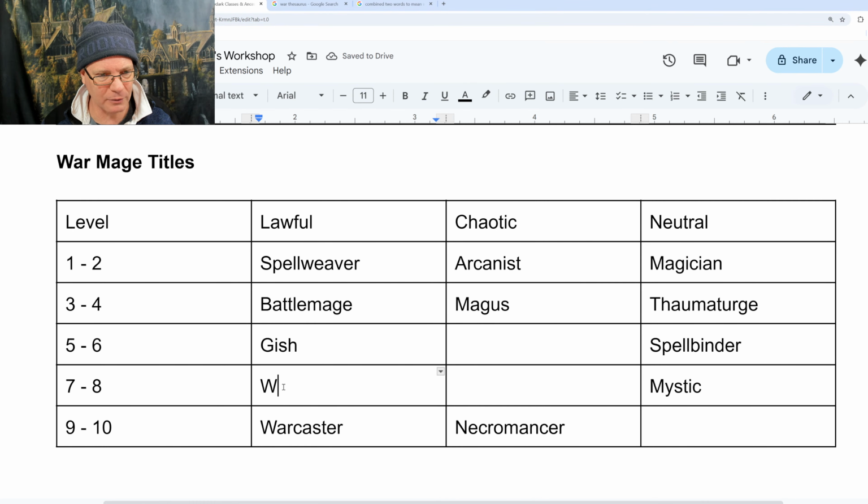I'm really going to struggle with Warcaster. Got Battle Mage. Okay, I'm going to come back to this in a second. Let's see if I can solve this problem another way. And right now, I'm not solving it in this live stream.